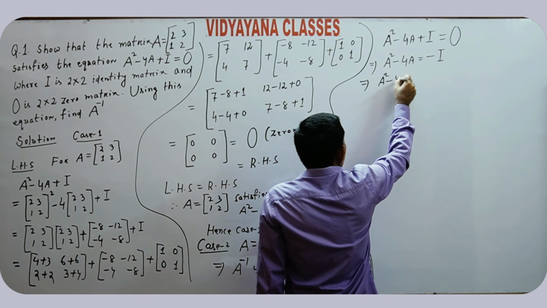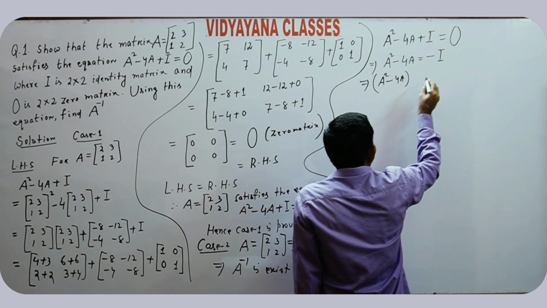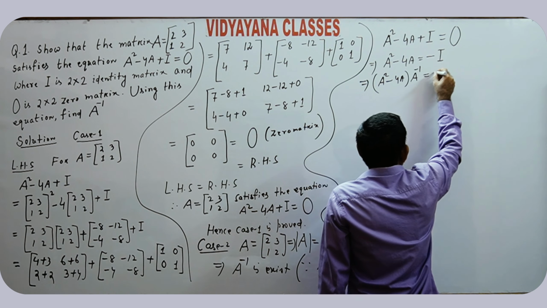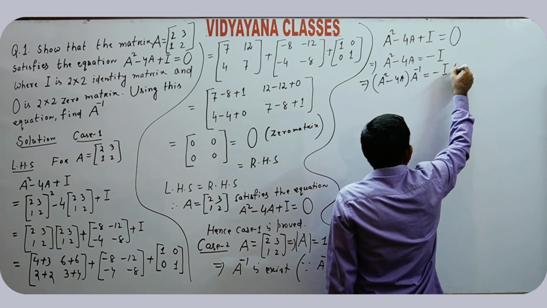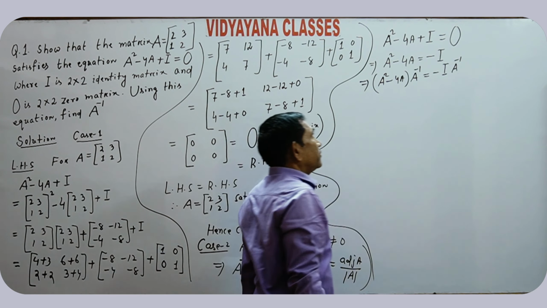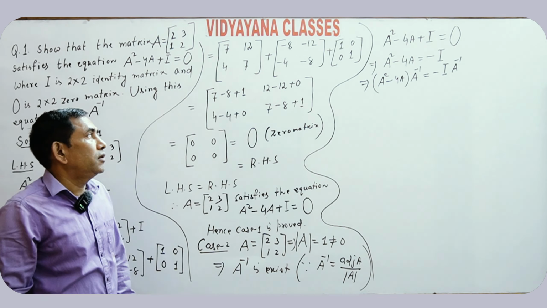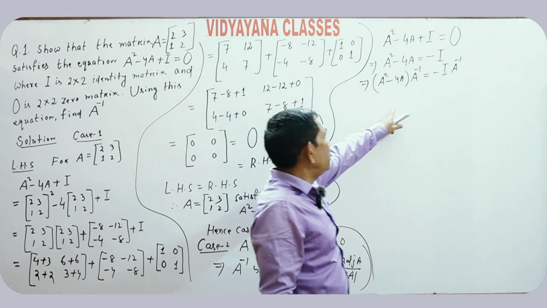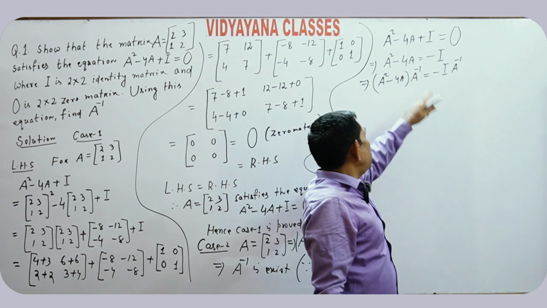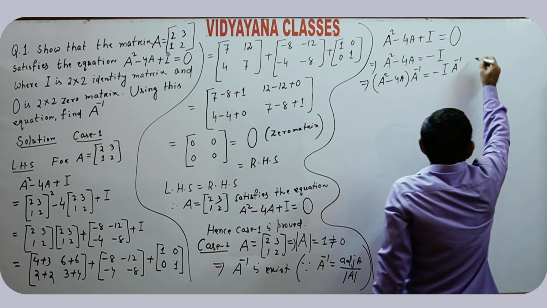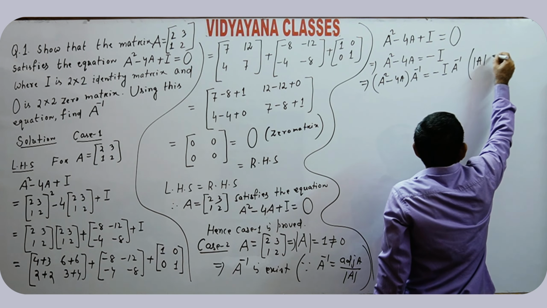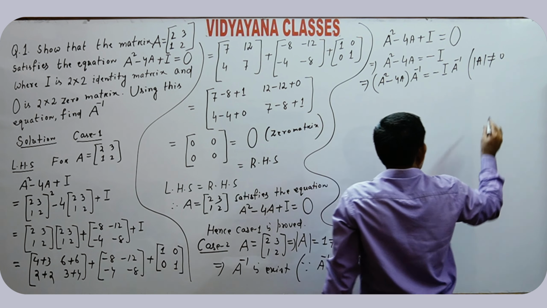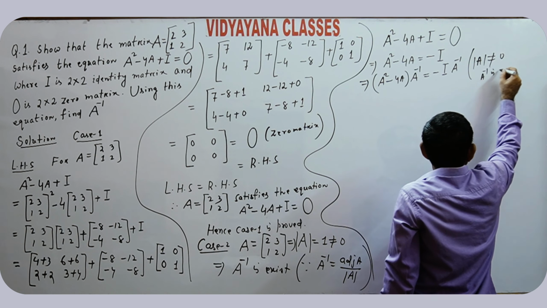Multiply A square minus 4A into A inverse, minus I into A inverse. Matrix multiplication satisfies the closure law. Since the determinant of A is not equal to 0, A inverse exists.